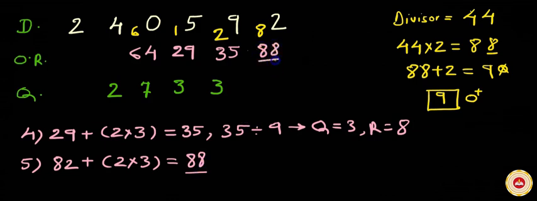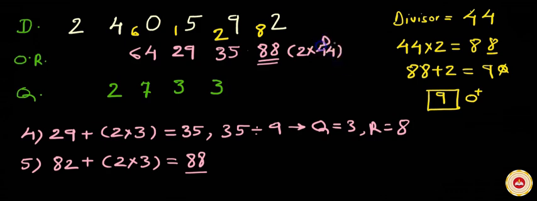Now friends, we have covered all the digits and we have calculated the last osculation number. So the osculation number is 88, and this 88 is a multiple of the given divisor 44. It is 2 multiple of the given divisor 44.